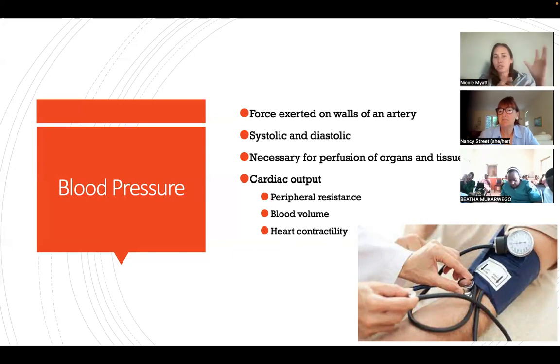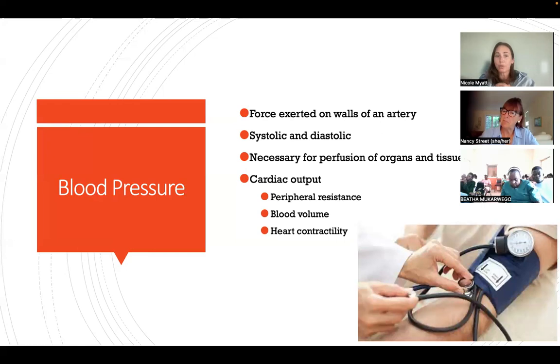We look at the systolic and the diastolic, which is just the different phases of the lub-dub, or when the heart is beating. And we need a certain blood pressure to perfuse the organs. If you think about it, the organs are a solid mass. And so in order to have fluid infiltrate that solid mass, we need a certain level of pressure to get that fluid into all the spaces of the vasculature of that mass.